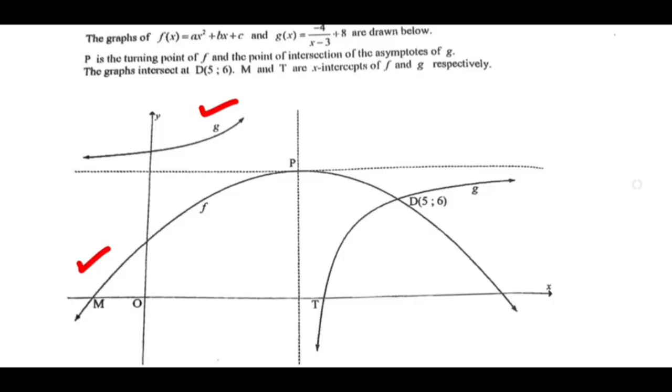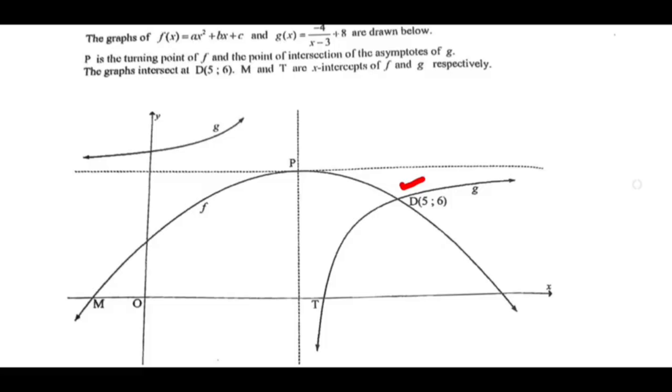P is the turning point of f and the point of intersection of the asymptotes of g. So the asymptotes of g, this is the point of intersection. They're meeting here. This one is a horizontal asymptote and this is a vertical asymptote. So the graph intersects here. The coordinates of P are 5 and 6.